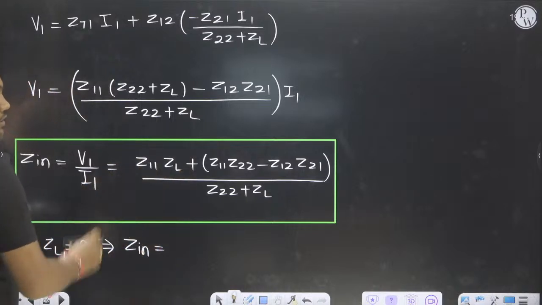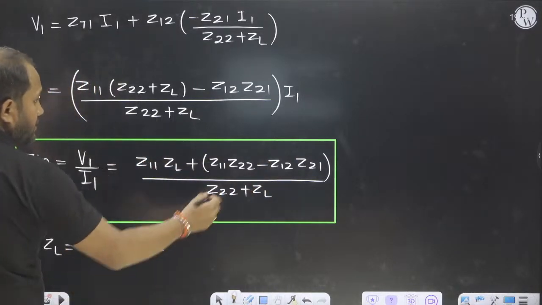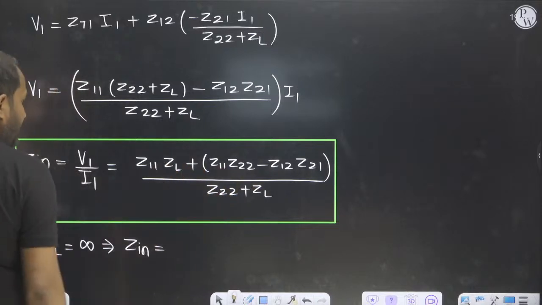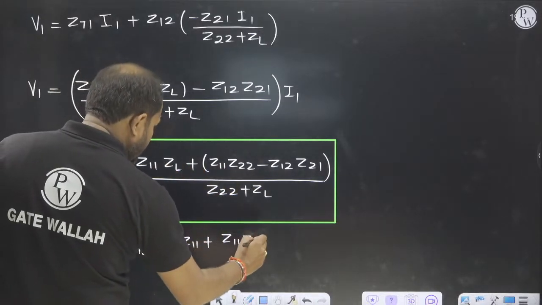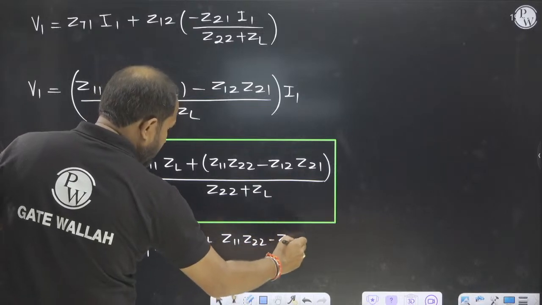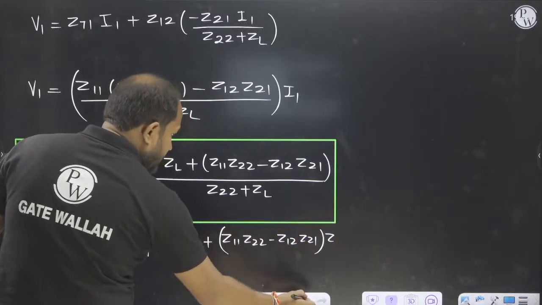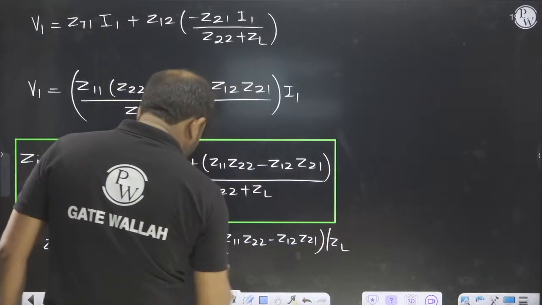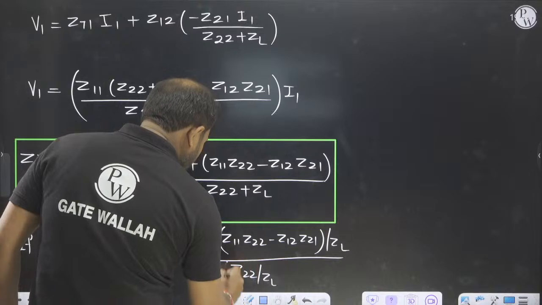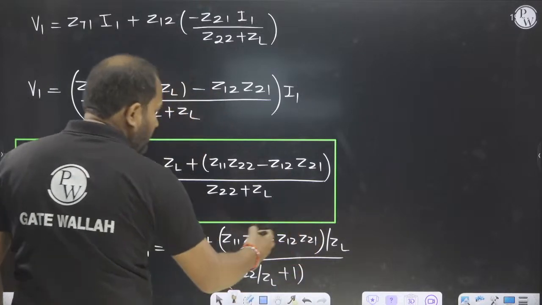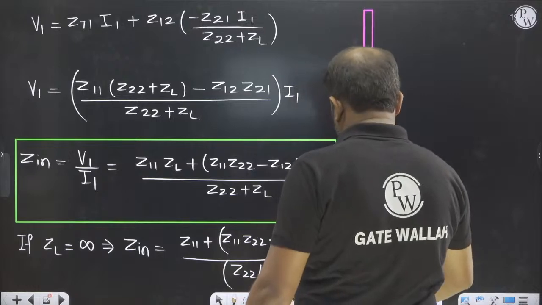I will take ZL common and divide by ZL. So Z11 plus Z11 Z22 minus Z12 Z21 divided by ZL, and the second one is Z22 divided by ZL plus 1. So this will be equal to 0, this one will also be equal to 0.